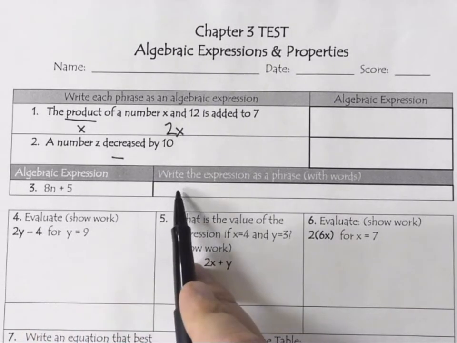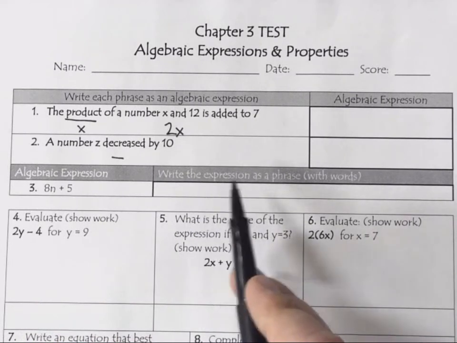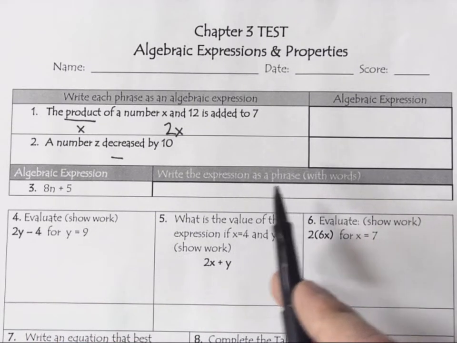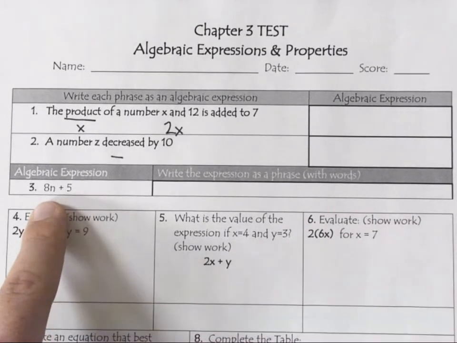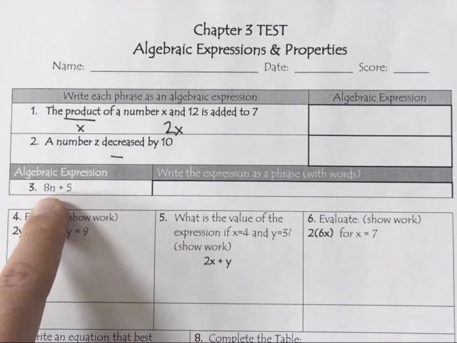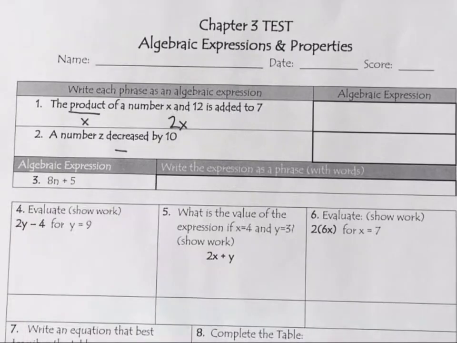This time it says write the expression as a phrase. So we're going to use words in a sentence. So we need to have a good word that represents multiplication for 8 times n. So you might use the word product. So we're going to use the product of 8 and a number n.